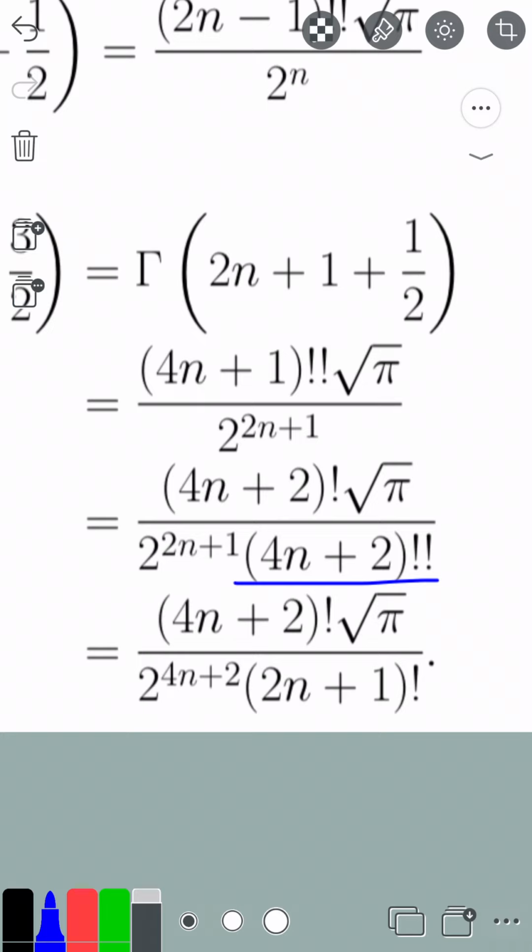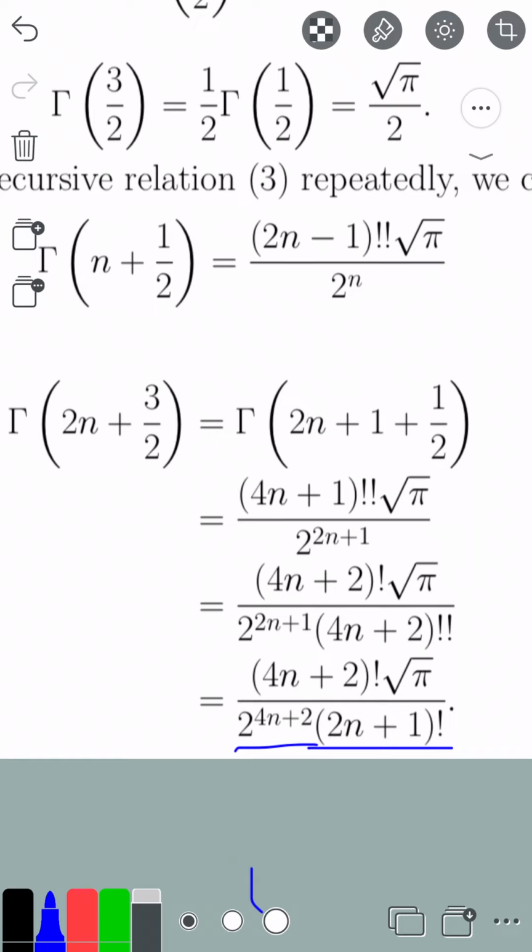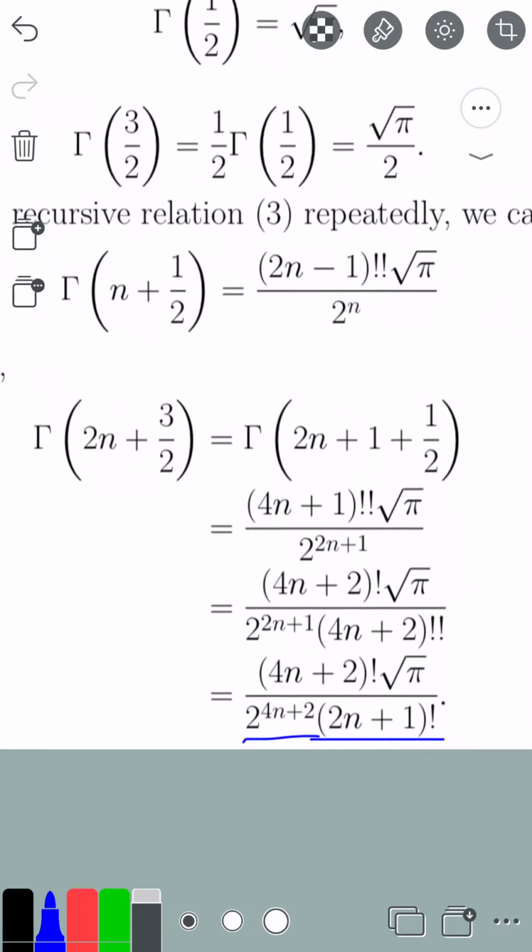So 4n plus 2 double factorial is 2 to the power of 2n plus 1 times 2n plus 1 factorial. So that's why we've got 2n plus 1 factorial here, and 2 to the power of 2n plus 1 times 2 to the power of 2n plus 1 is 2 to the power of 4n plus 2 here.